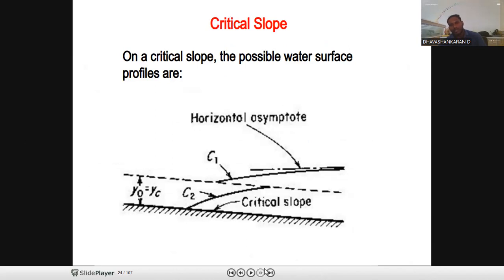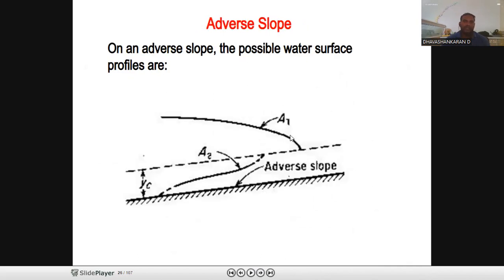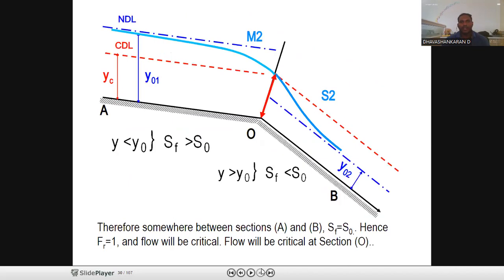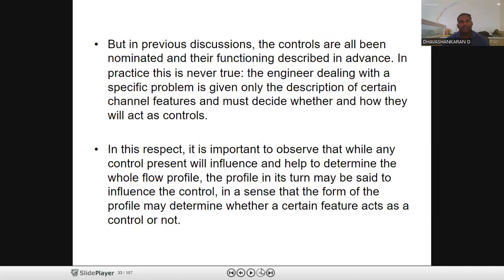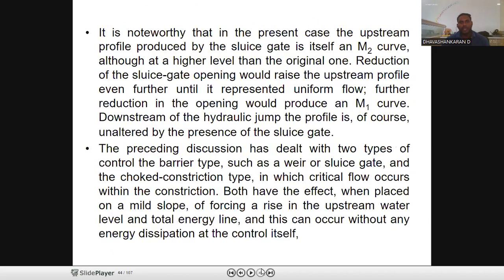Then this one is the horizontal slope, then the adverse slope. So these are all the different types of flow available in a channel.